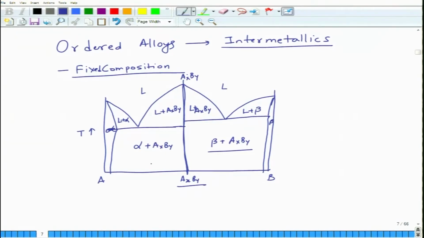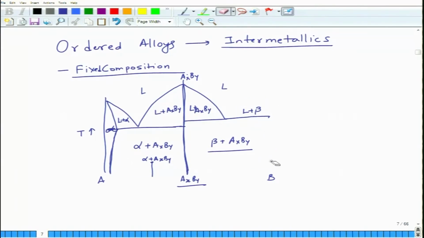So, you can see that at this particular composition, which is let us say AXBY, you have a fixed composition. If you are standing at this composition, you are in a two phase regime where you have alpha plus AXBY. You can see that the solid solubility of alpha is changing as a function of temperature. The solid solubility is moving towards the right as you increase the temperature. Similarly, solid solubility of beta phase also changes. Let me draw it a little more neatly.